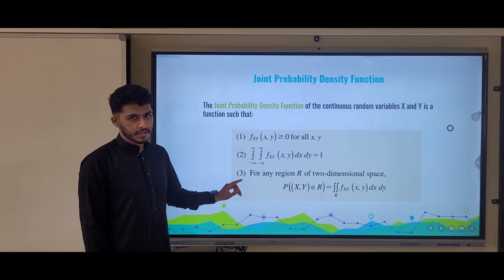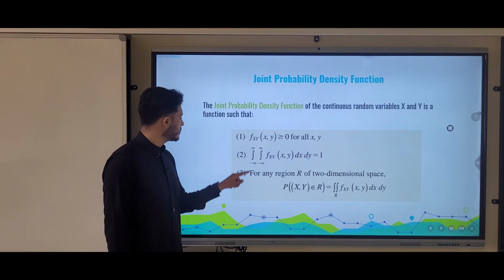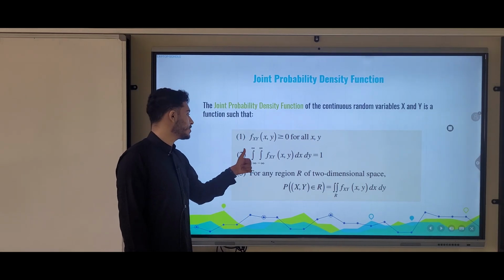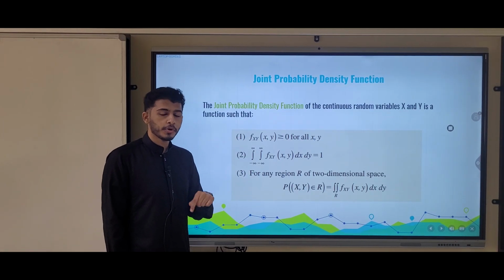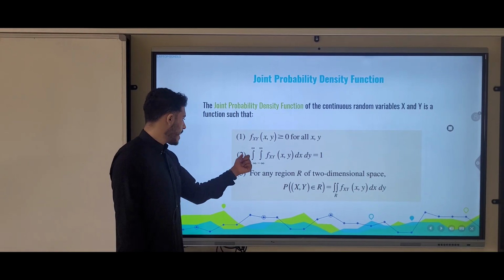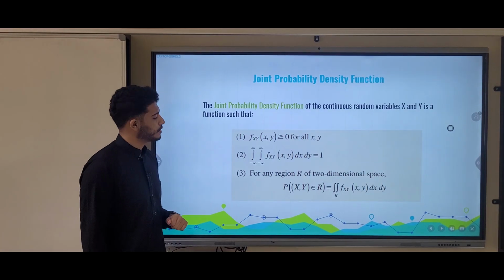Of course, integrating this function. And bear in mind, I will bring your attention to it once again. This does not necessarily mean integrating from minus infinity up to infinity. It just means to integrate from the lowest point you have in the range of X up to the highest point you have in the range of X, and here for the second integral, down in the range of Y and up in the range of Y.